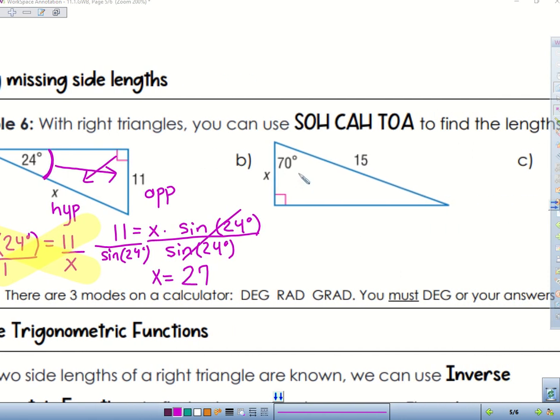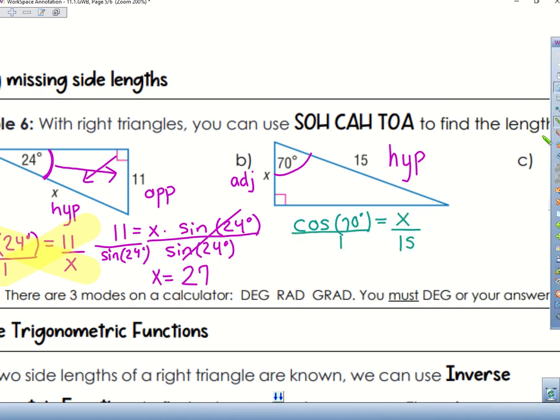Next one, I have my angle here. The side I know is the hypotenuse, and the side I want to know is the adjacent, correct? So what trig function am I going to use here? Cosine. So cosine of 70 degrees is equal to adjacent over hypotenuse.